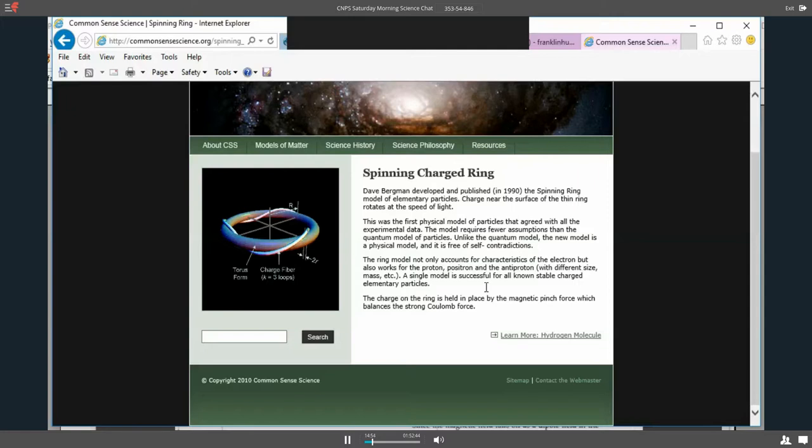And that type of structure in mathematics and in vector geometry is known as chiral symmetry. And so the electromagnetic force appears to be a combination of spherical symmetry and chiral symmetry.